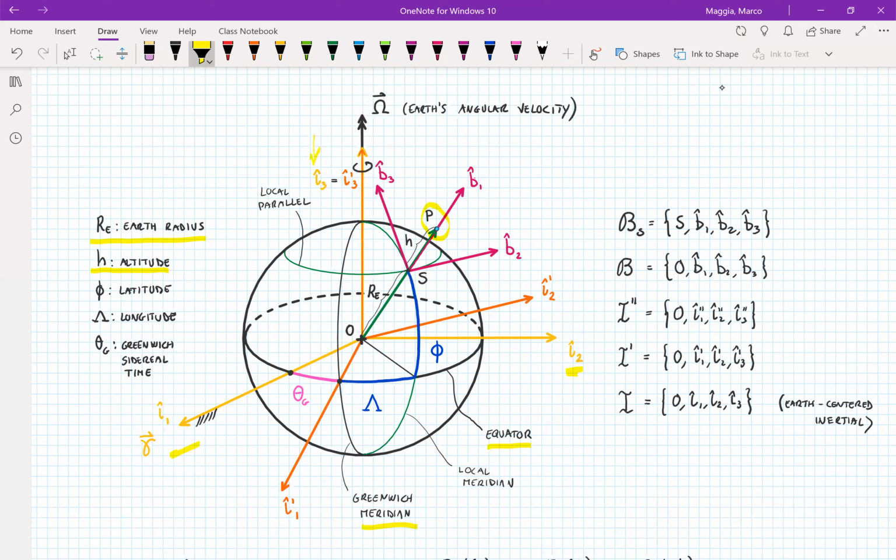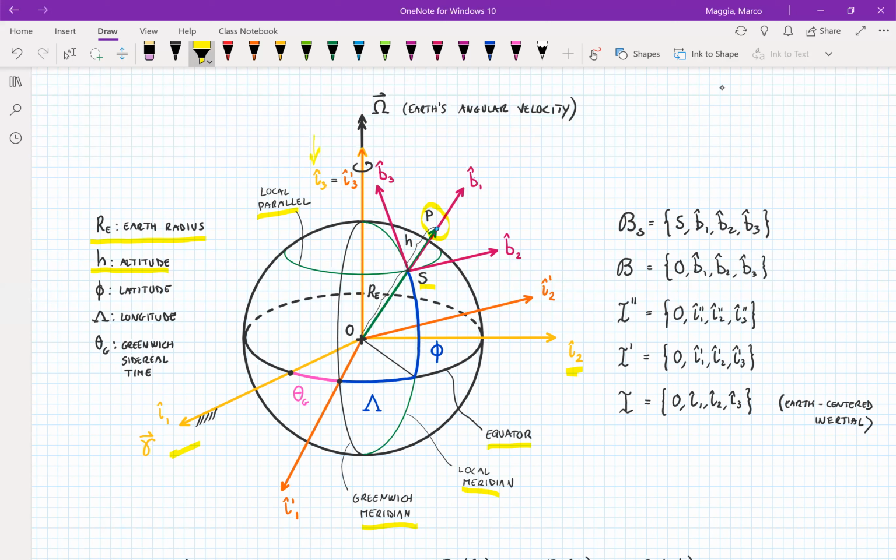Technically, the body frame of reference would be centered at P, but we use the topological frame of reference, so it's centered at the projection of P on the Earth's surface. So the origin is S, and we have B1, B2, and B3 constructed so that B1 points towards the zenith, B2 points towards the local east, and B3 points towards the local north. How do you find the directions of the local east and the local north? You have to follow tangentially the local parallel and the local meridian, respectively.